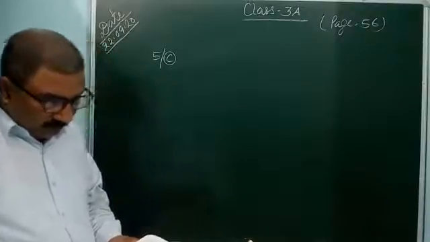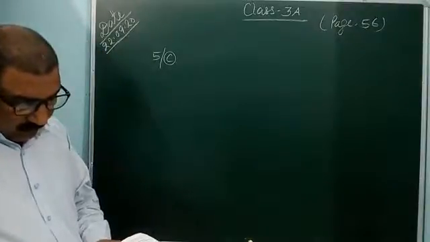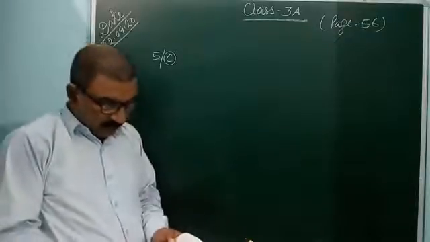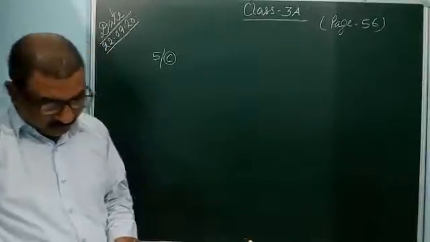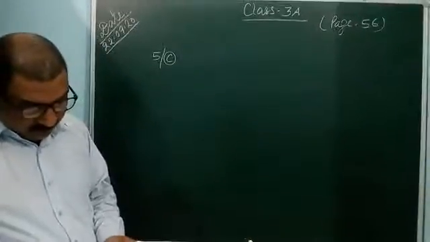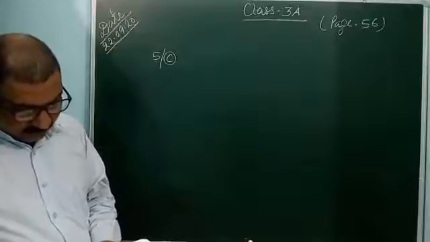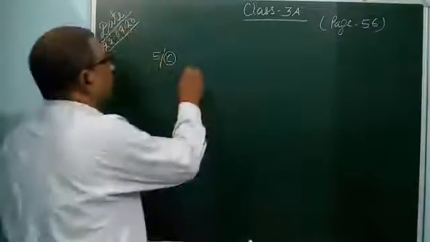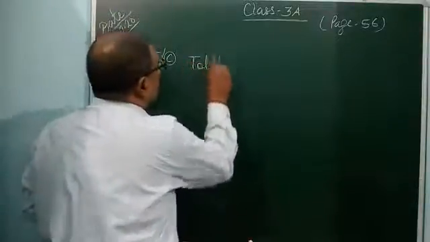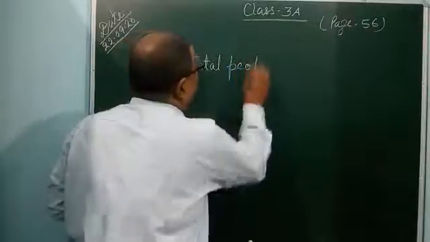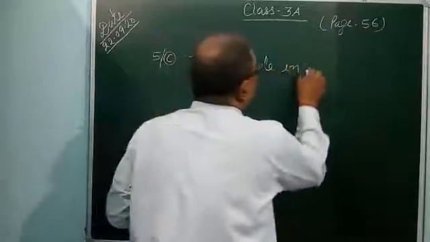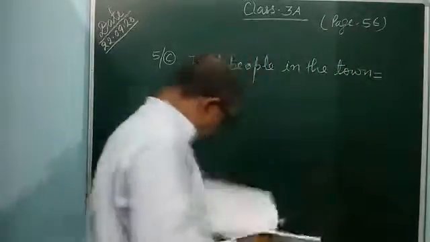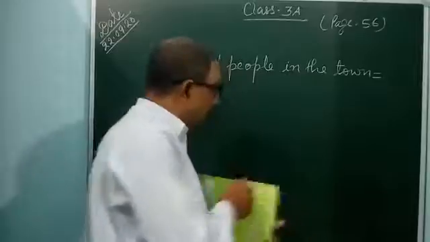If 4,457 are men and 3,962 are women, how many children are there? So firstly, you can add men and women. Total people in the town, how many? 9,946.